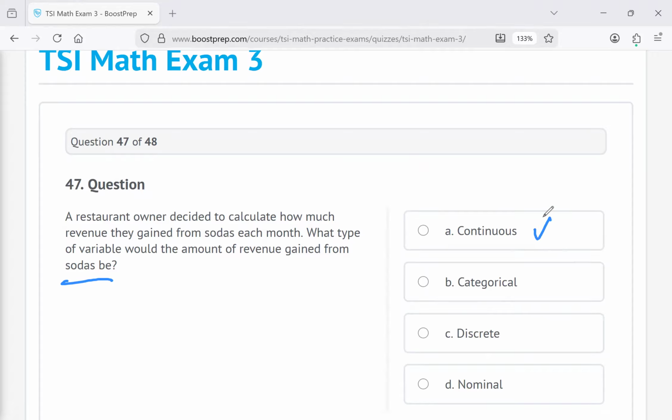Within the limits, the variable can take any values. Decimals are allowed, so anything with decimals is continuous.